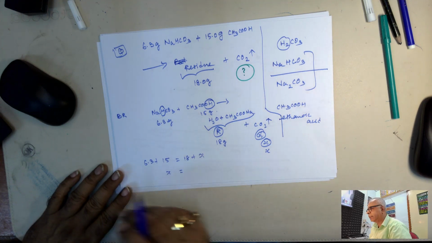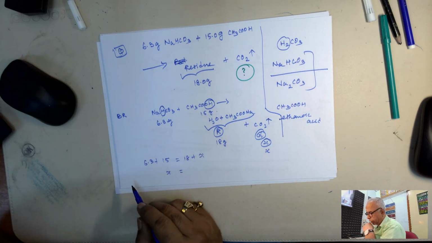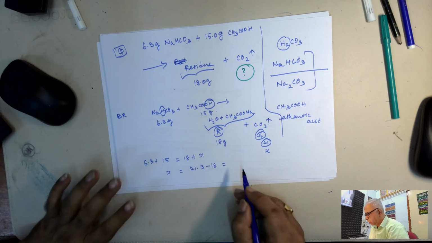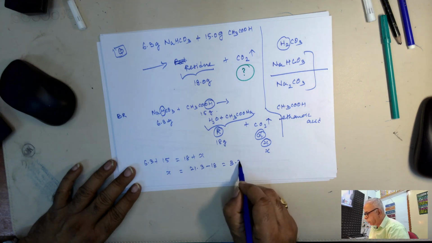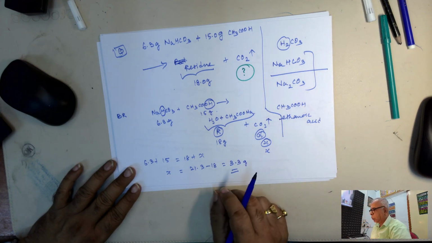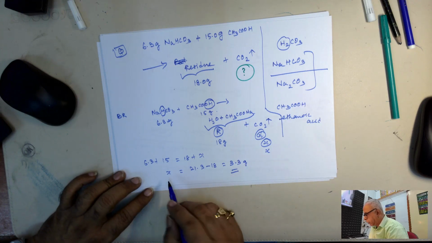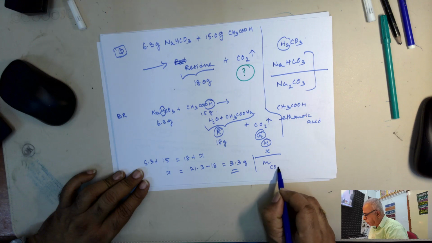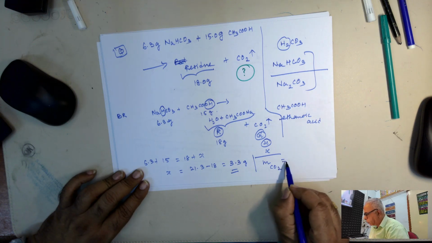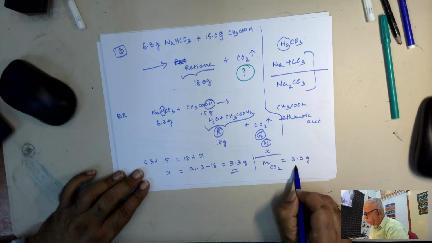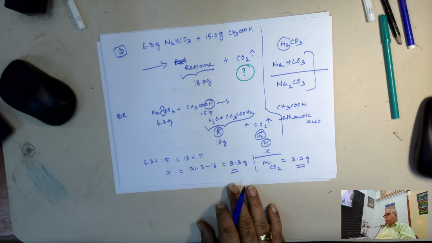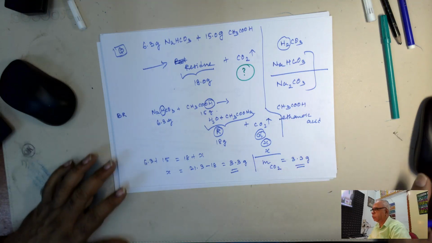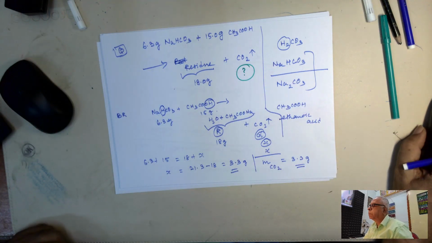So find out the value of x. 21.3 minus 18, how much? 3.3 gram. So you can report the mass of carbon dioxide released in the atmosphere is equal to 3.3 gram. So this problem is solved based on the law of conservation of mass. You got this point?